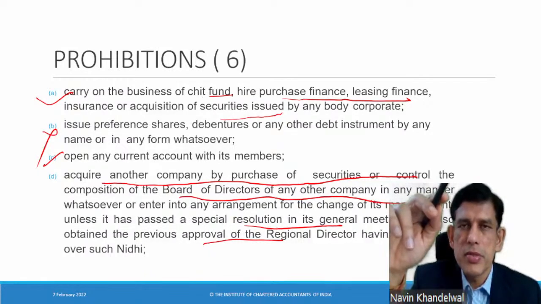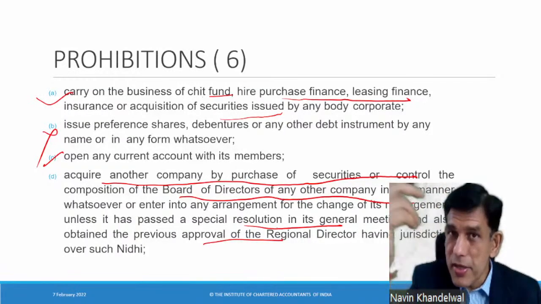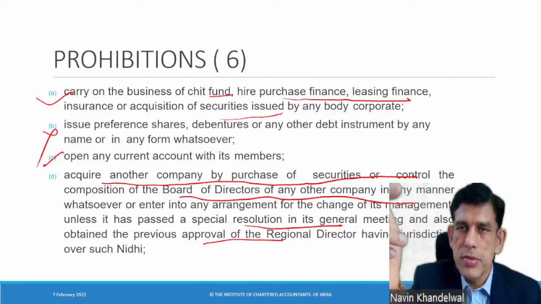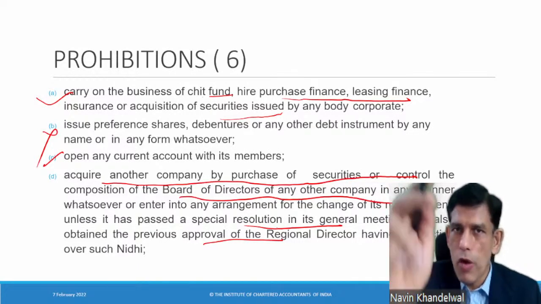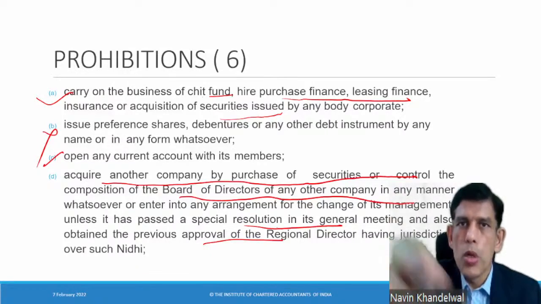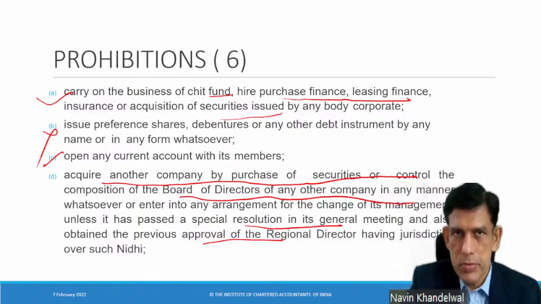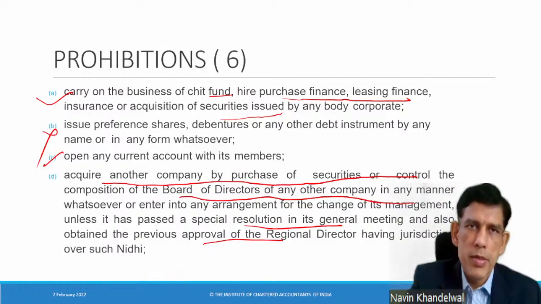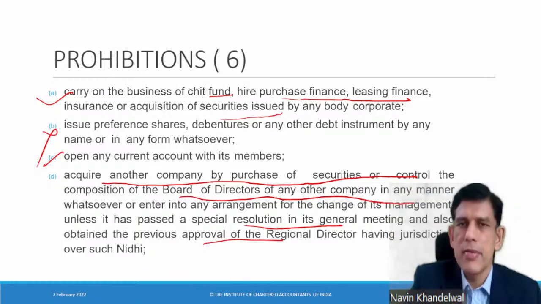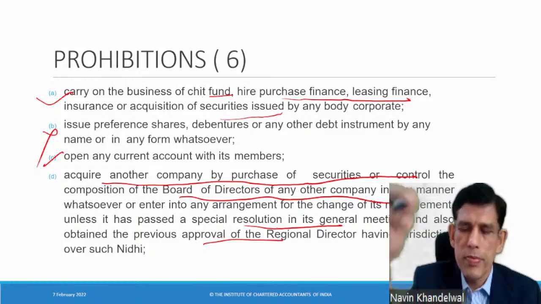That means if it wants to acquire any other Nidhi company, probably they need to take a prior permission of the regional directorate, only after passing a special resolution in the general meeting. So a Nidhi company can expand, but only by this mode.